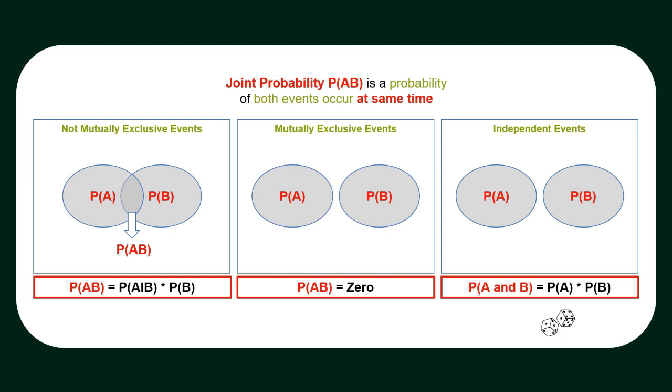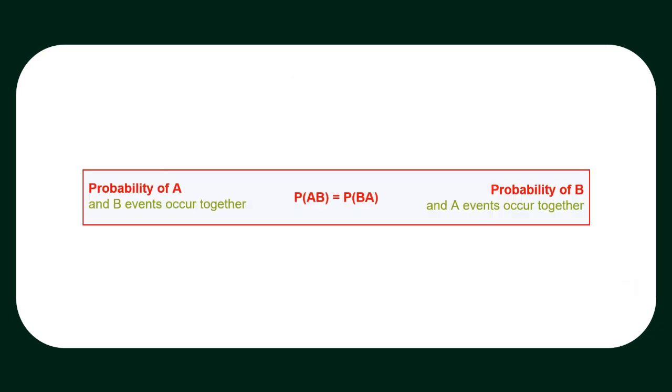For example, getting similar outcome of 5 on both the dices is possible, but these two outcomes are not dependent. It should be noted here that probability of event A and event B occurring together is equal to probability of event B and event A occurring together.